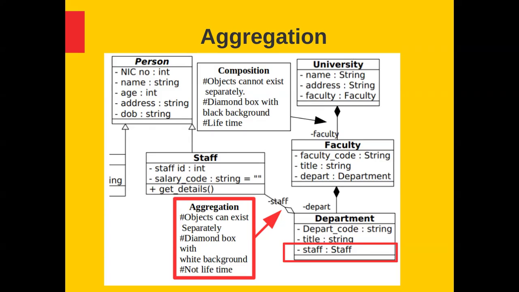Sometimes in a newly created department there may be no staff members. So staff may exist without a department also. Objects can exist separately. Diamond box with white background, no lifetime.